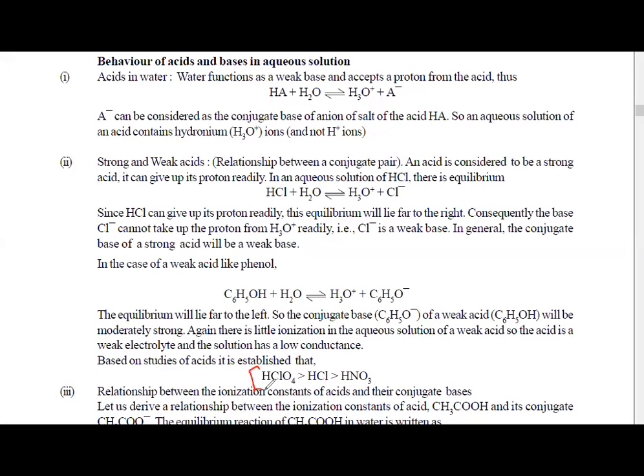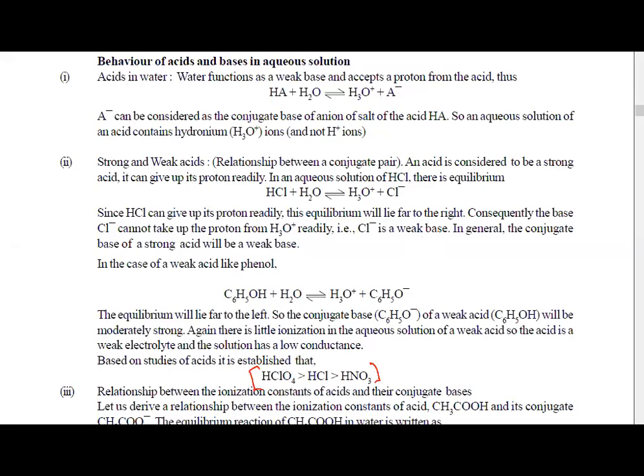We have three acids here: HClO4, HCl, and HNO3. Out of these three, HClO4 is stronger than HCl, which is stronger than HNO3. What does that mean? An acid which can release more H plus will obviously be stronger.